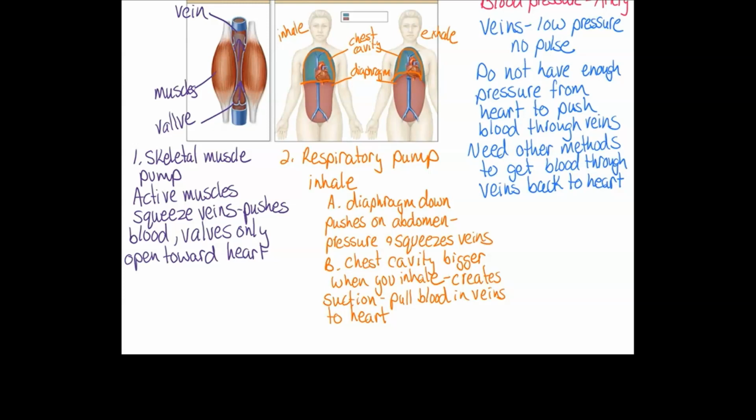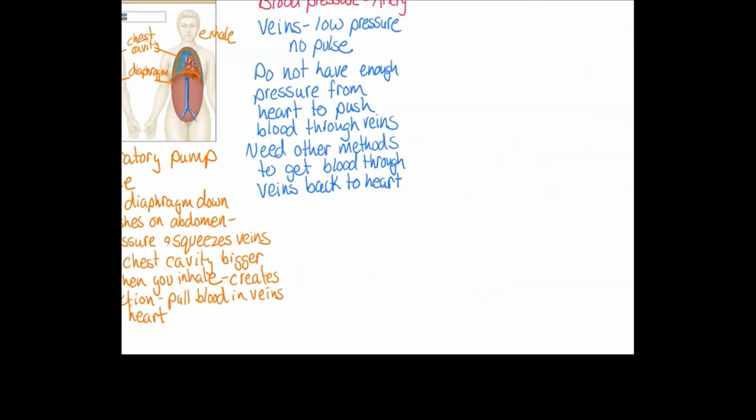This goes along with your activity level. Think about what you learned back in chapter 19 with increased venous return. When you are active, your muscles are working more. And you breathe deeper.